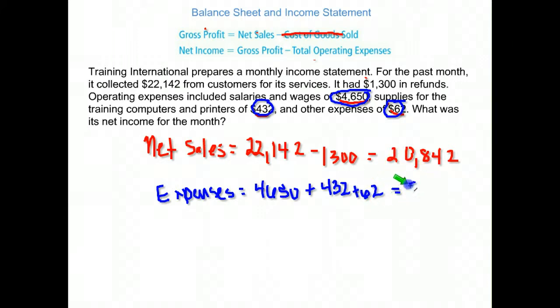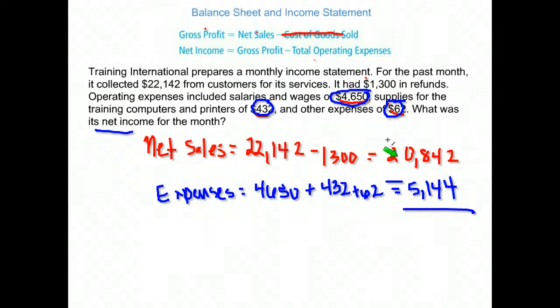Okay, so we have total expenses of $5,144, and now we can go ahead and find our net income. The net income is your gross profit minus your operating expenses. So we're going to take our $20,842 and we're going to subtract from that the $5,144.